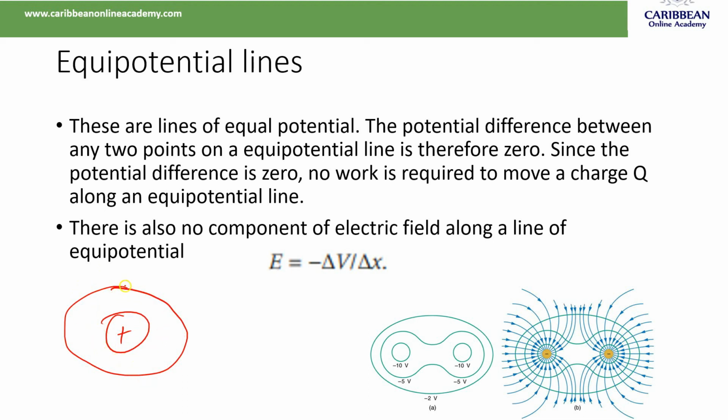These lines have the same potential. Whenever you have lines that have the same potential, we say that the potential difference between the points on an equipotential line is equal to 0.